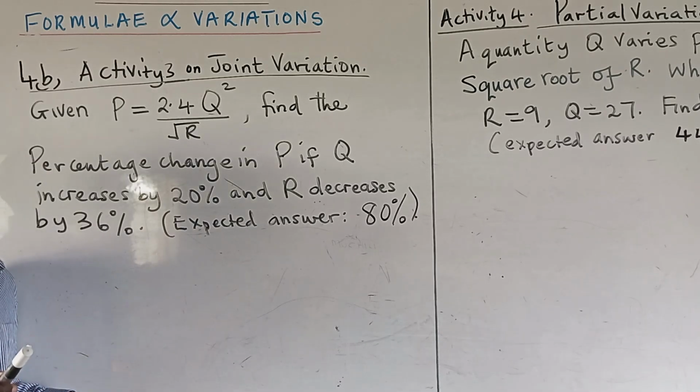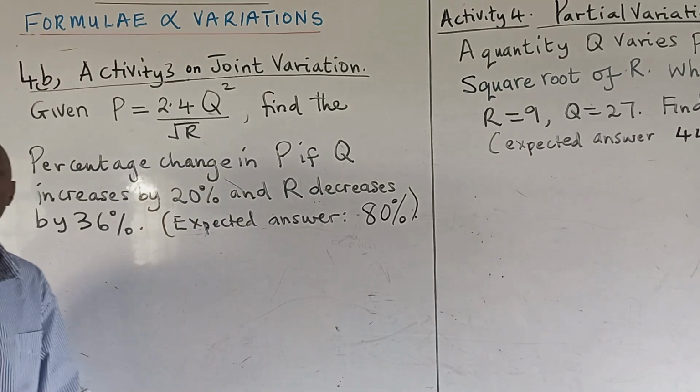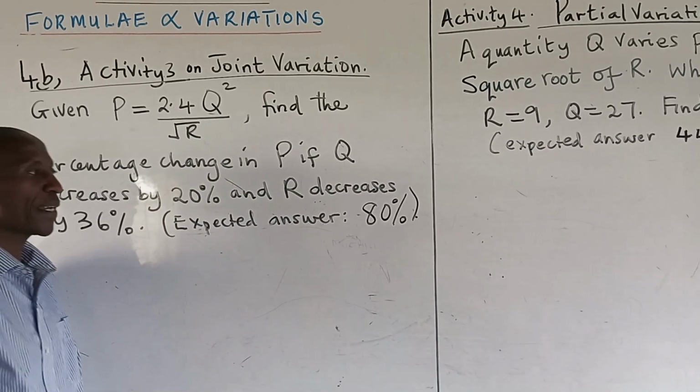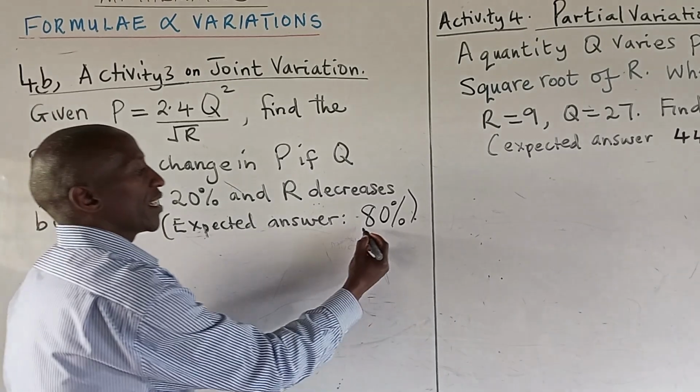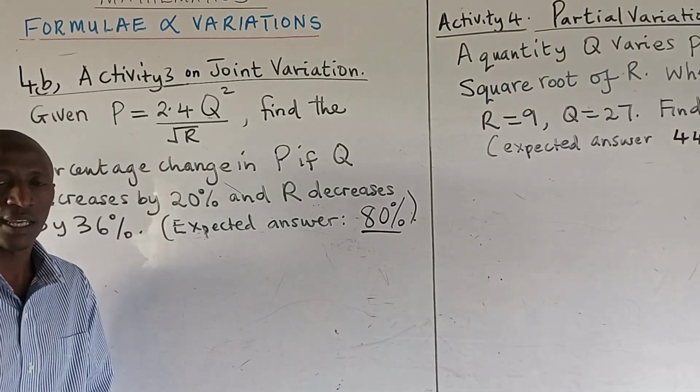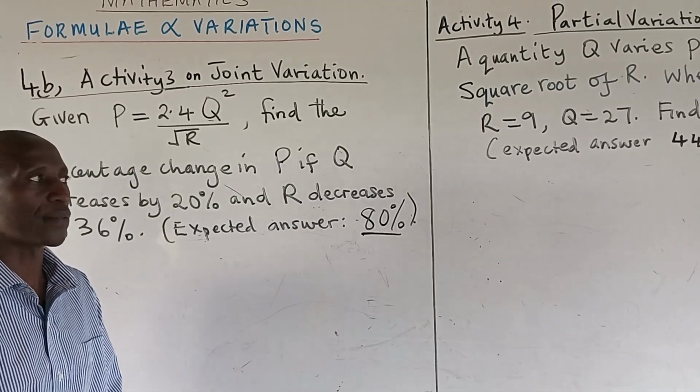This is an activity which I would like you to think about and report in our live section. The expected answer is increase by 80%. Let us see how you go about it.